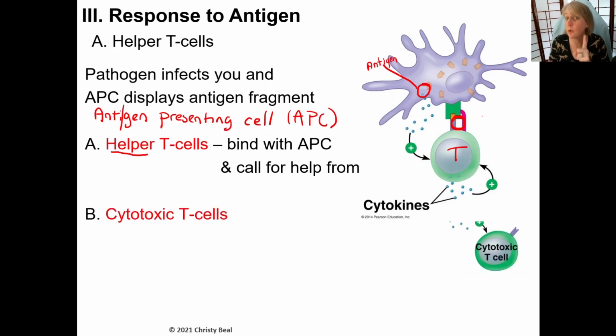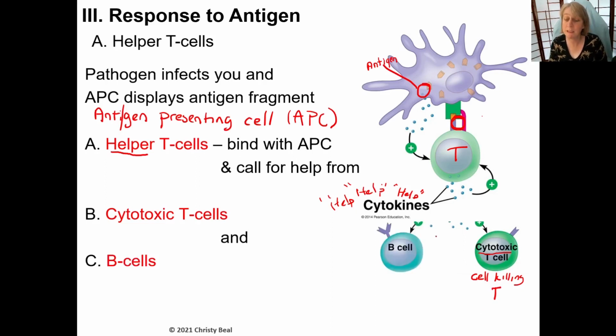These cytokines are like yelling for help, saying, hey, there's an invader. I've figured it out, but I need help. These cytokines can summon another kind of T cell. This is called a cytotoxic, or a cell-killing T cell. And it can also summon B cells.